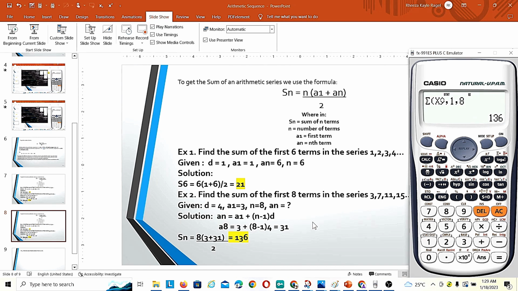Easily without any computation, you already get the answer 136, and it is equal to 136 using the long method. So that is how easy it is to solve problems involving arithmetic series or sequence using calculator techniques.